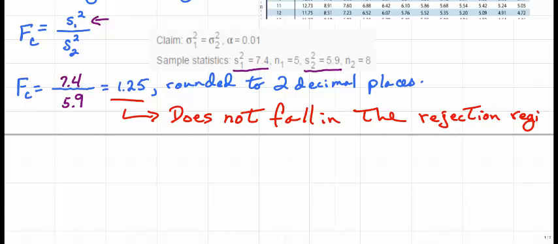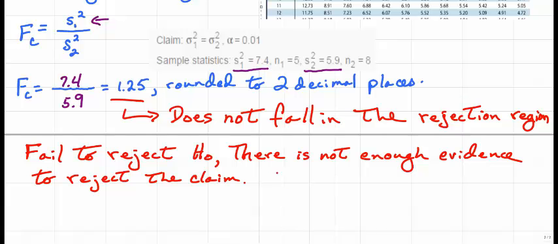And if that's the case, we can simply state that we will fail to reject the null hypothesis. And we can further state that there is not enough evidence to reject the claim.